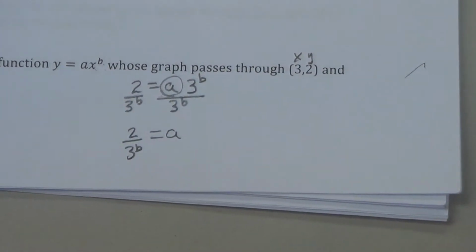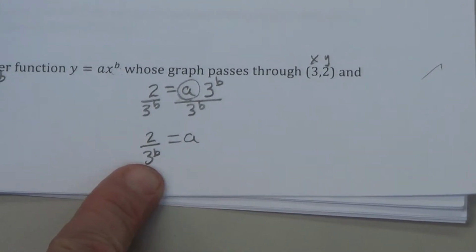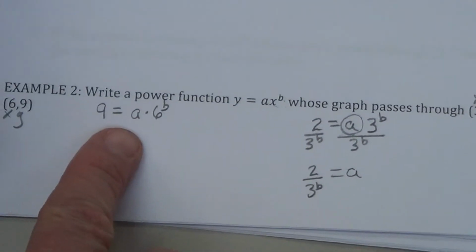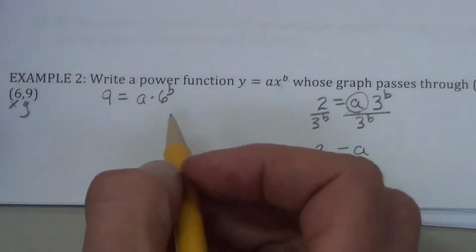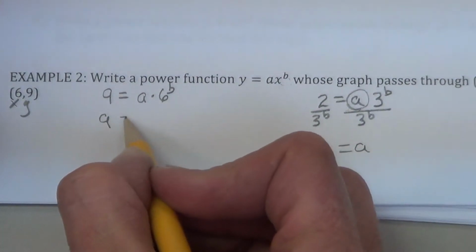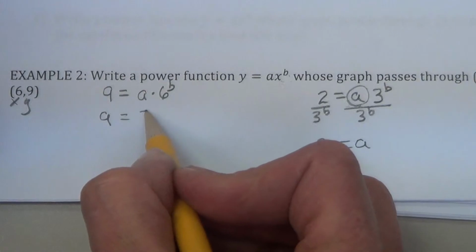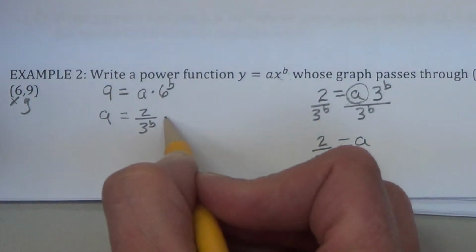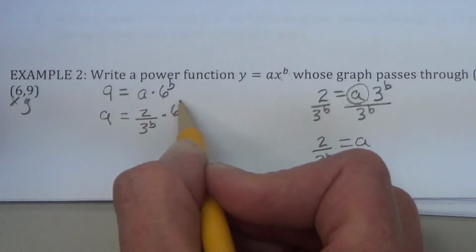Now we plug 2 over 3 to the b in for our a value over here. So we have 9 equals 2 over 3 to the b times 6 to the b.